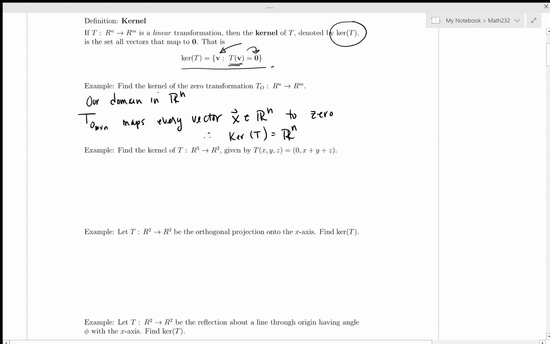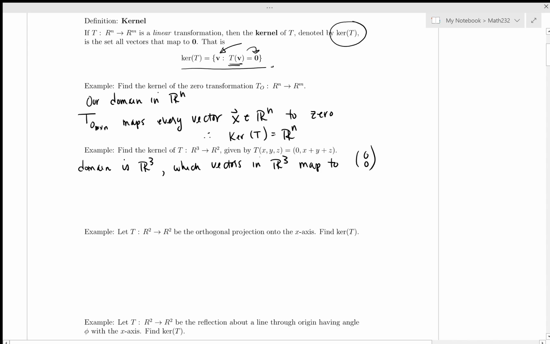So we're asking that same question: which vectors, okay, our domain is R3, map to 0, 0?